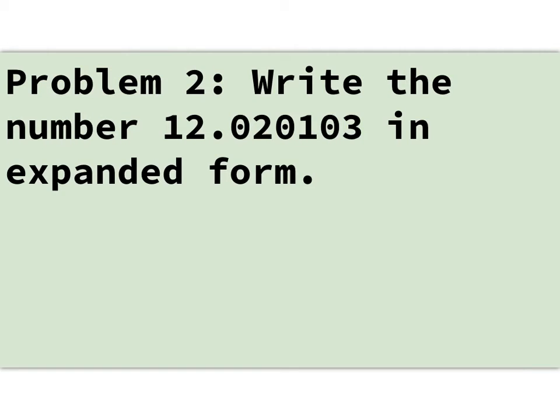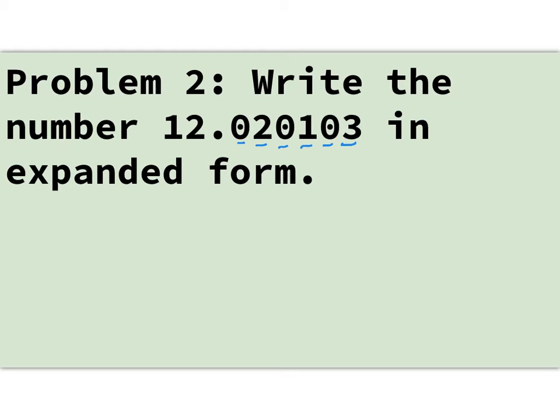So here's problem 2. And this is a tricky one, so be careful with this one. As we see, we have tenths, hundredths, thousandths, ten thousandths, hundred thousandths, millionths. But we're going to read the number as normal.